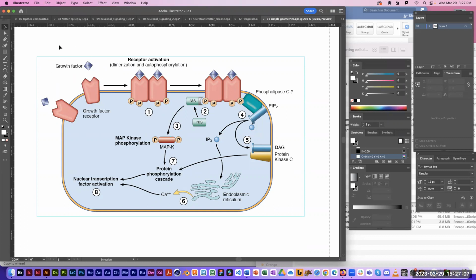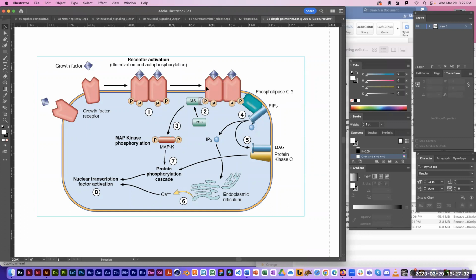But you look up here, the blue thing is growth factor, so that's the ligand. And you do see here in step 1, after the binding of the ligand, you do get the dimerization, where the two receptor tyrosine kinase receptors actually join together to form a dimer. And you see the P's down here, which represent phosphorylation of those tyrosine residues.